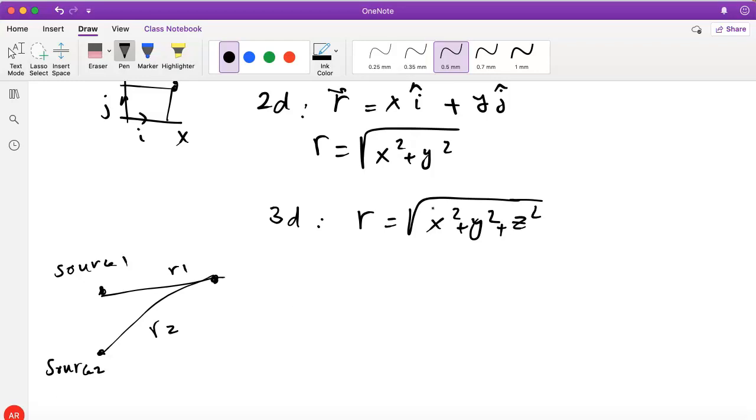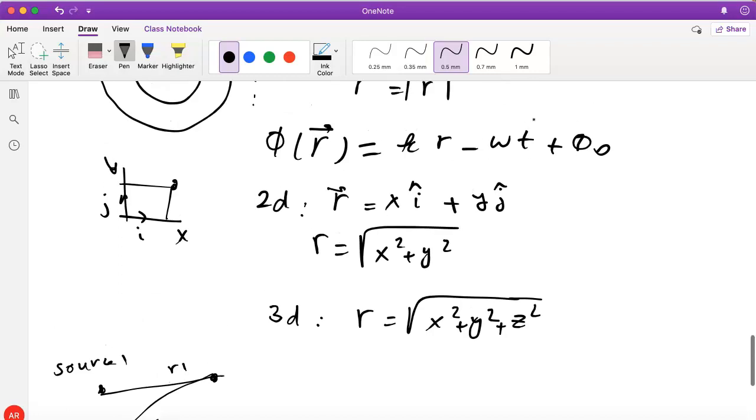All right. And the phases, see, there is some part that depends on omega t, and that's going to be the same because we look at the interference at the same time, similar to the one-dimensional case.